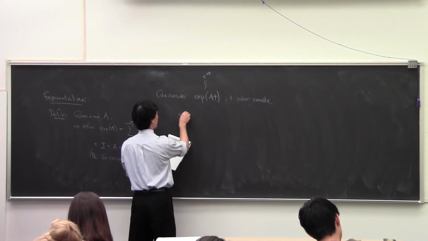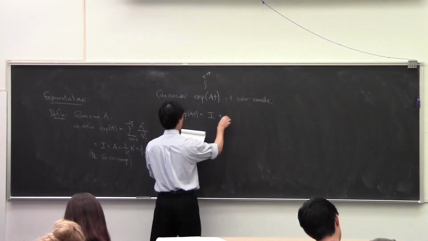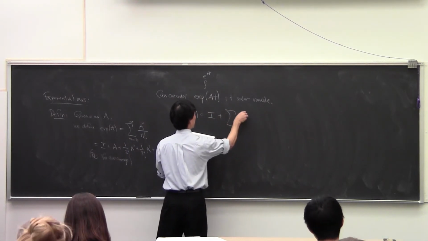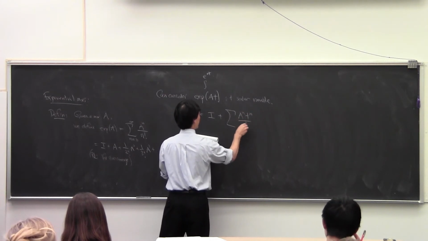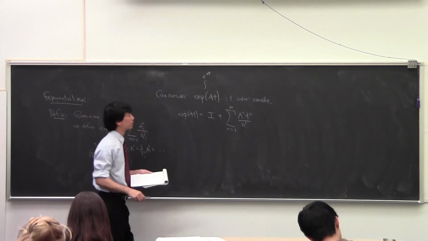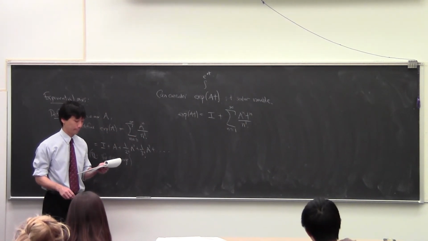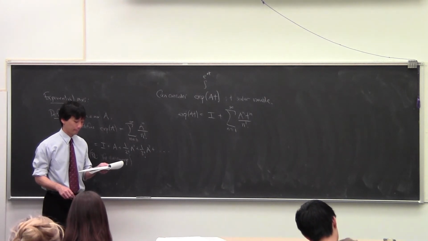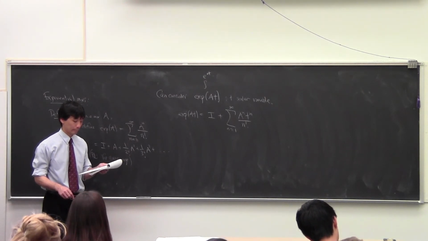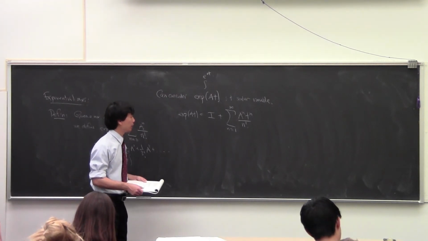So X of At is the identity matrix plus the summation of A to the n, t to the n over n factorial, n equals 1 to infinity.